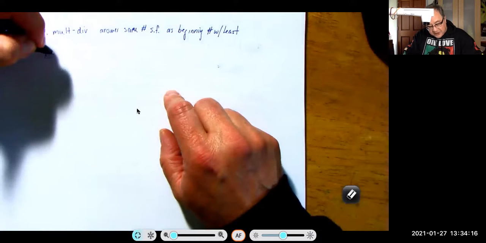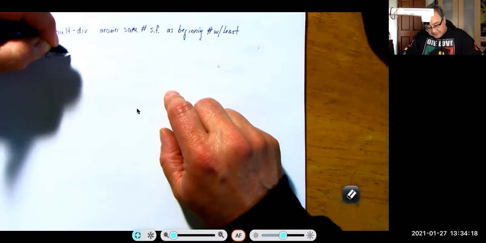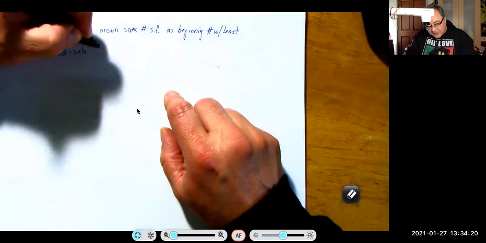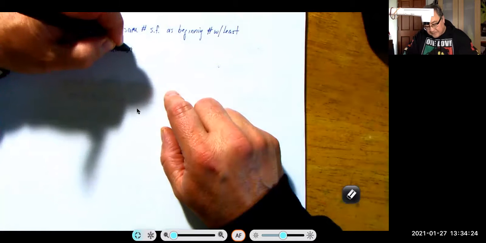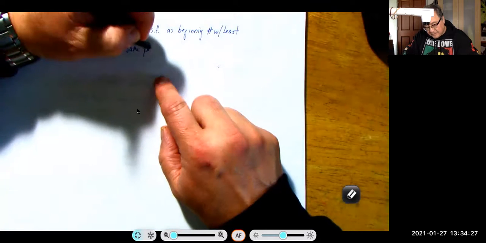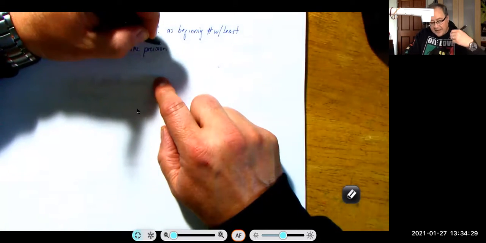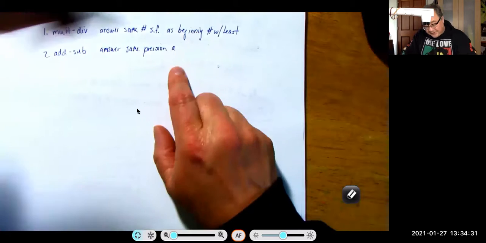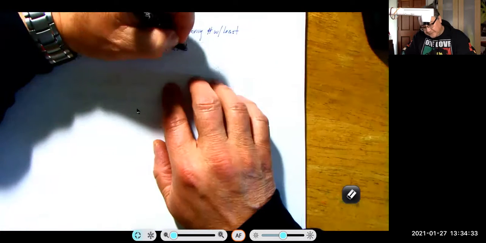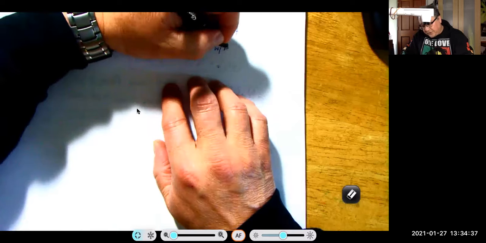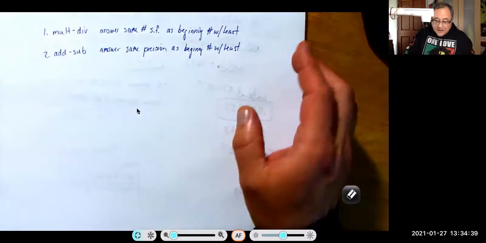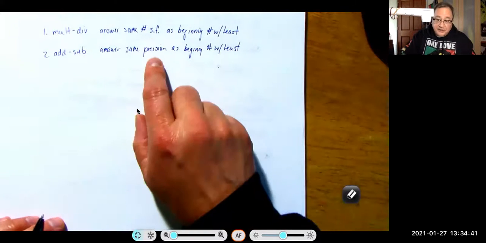The addition, subtraction, the answer has the same precision as the beginning number with the least. So you can see the rules are similar, except for one is about the number of significant figures and one is about the precision.